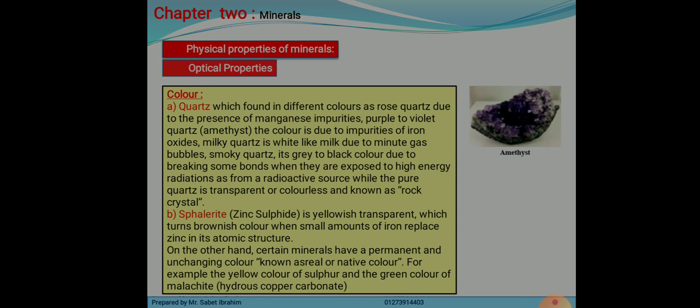Take quartz, which is found in different colors. Rose quartz is due to the presence of manganese impurities, and purple to violet quartz, amethyst, is due to impurities of iron oxides.